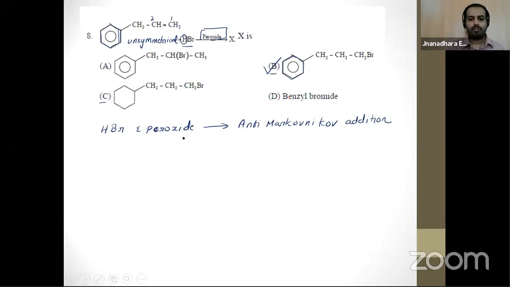And remember, anti-Markovnikov addition goes via a free radical addition mechanism.